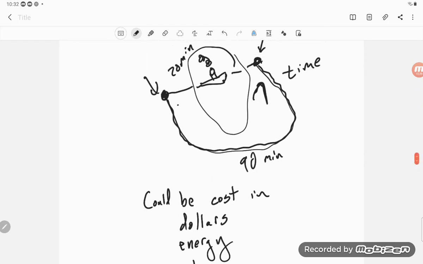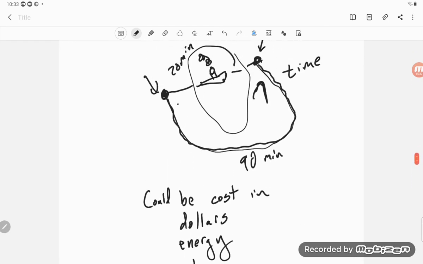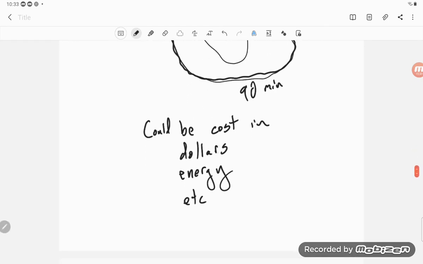So, again, looking at ideas of dollars and energy, just think of gasoline, right? I could go from point A to point B, and I could take the expressway and maybe be driving 70 miles per hour, which gets me there in a shorter time than, say, if I go in this other route. So here's, like, I-65 or something like that.